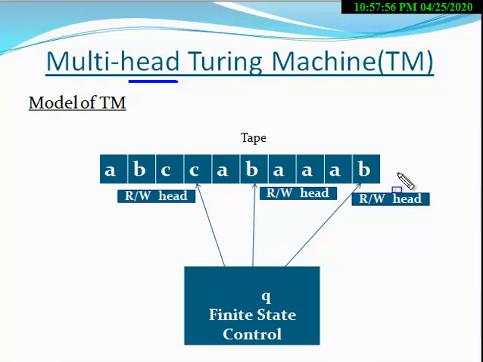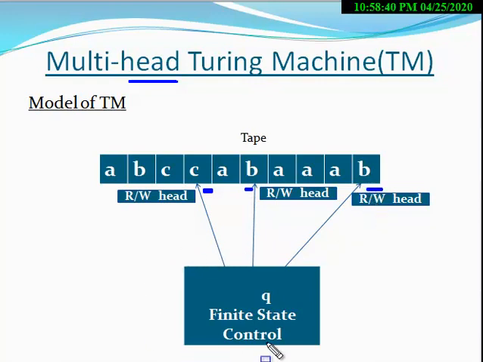All of you know the tape used in a Turing machine is an infinite tape. So this is an infinite tape, and a single one-dimensional tape will be used in this case. Now the first head is at tape symbol C, the second head at tape symbol B, and the third head at tape symbol B, right?